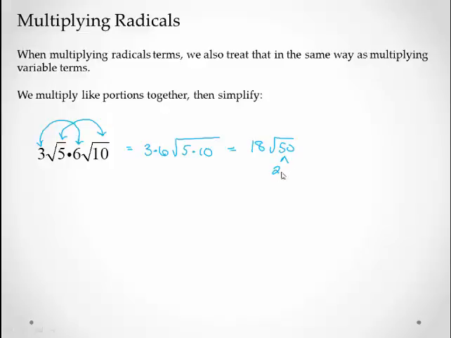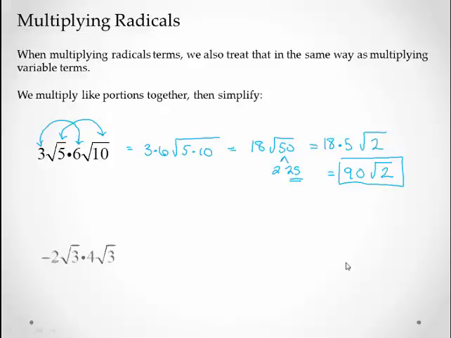Now 50 can be simplified. That is 2 times 25, and 25 is a perfect square. So that means I can pull out that perfect square, and the 2 gets left behind, and now I have this 18 times 5, which gives me 90 root 2. Here is my final answer.